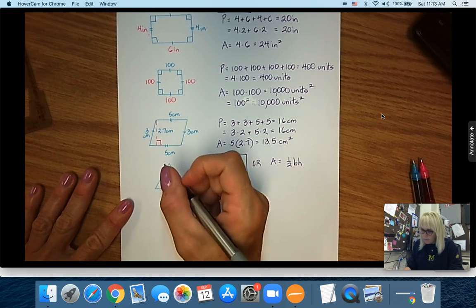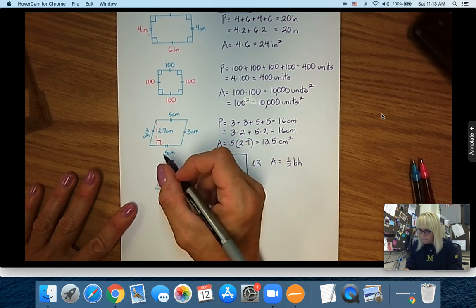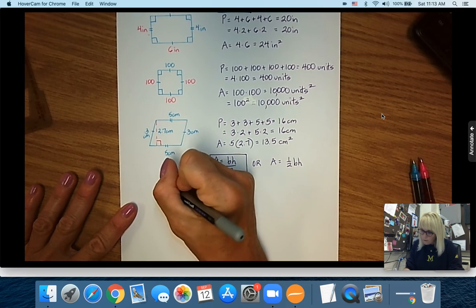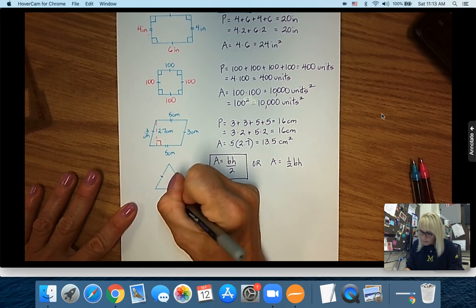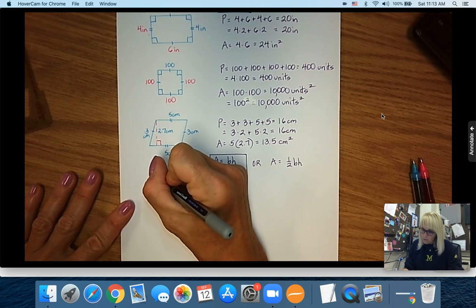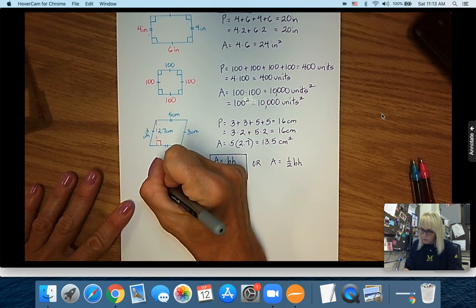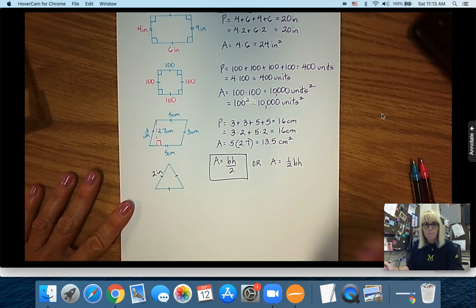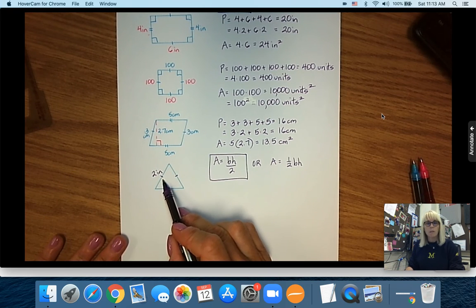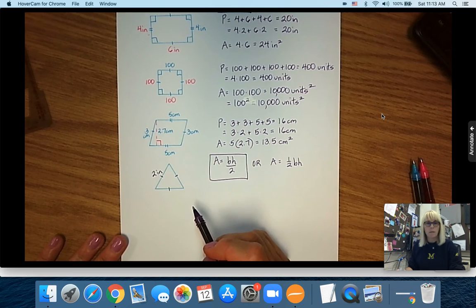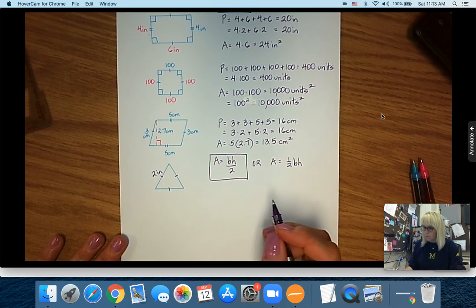Okay, so let me label these sides for this triangle. I'm going to make it equilateral. And so I'm going to call each of these, let's say, 2 inches. Okay, so if this side is 2 inches, all 3 sides have to be 2 inches based on the congruence marks.